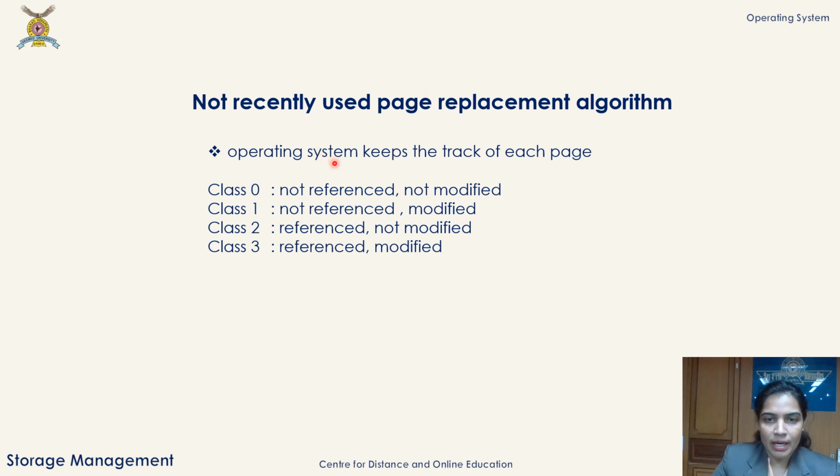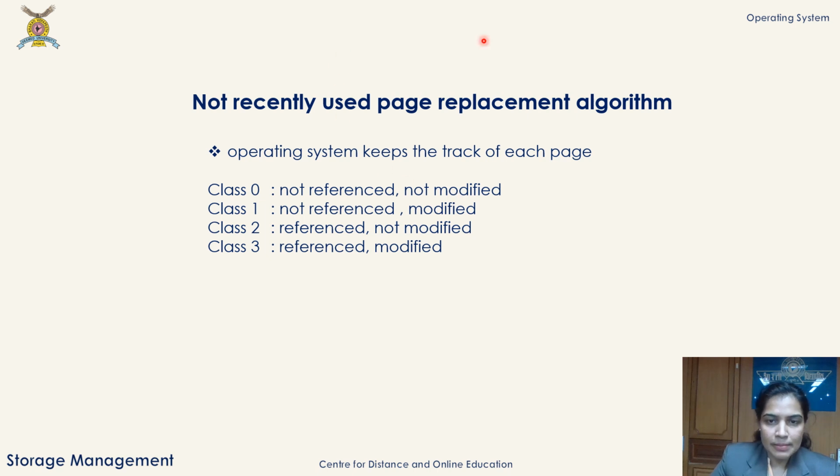One bit is M, the other is R. M is for modified and R is for referenced. So there is a page table entry for each page, and these 2 bits are used to design this algorithm. Initially, both the bits are set to 0, meaning the pages are not referenced and not modified.